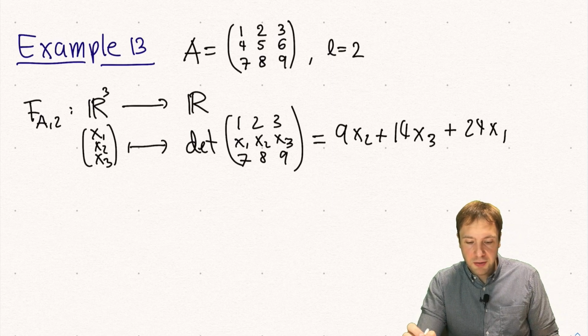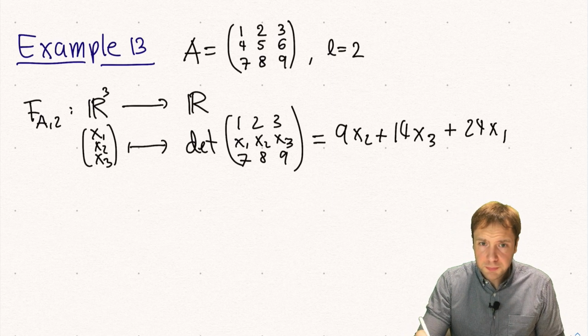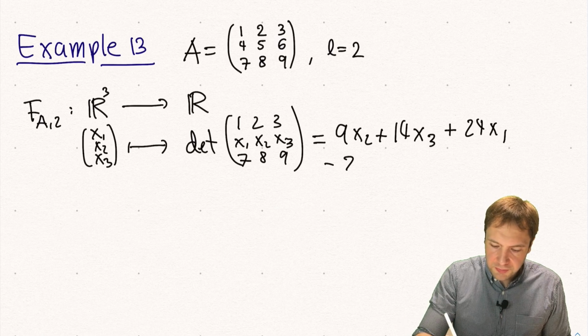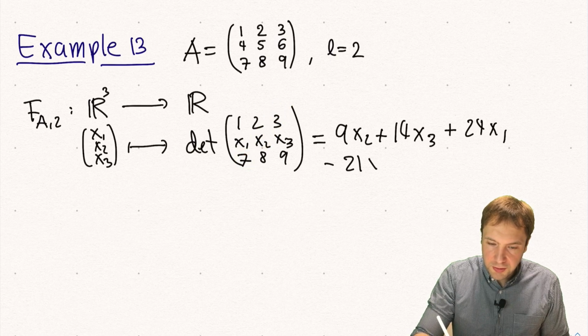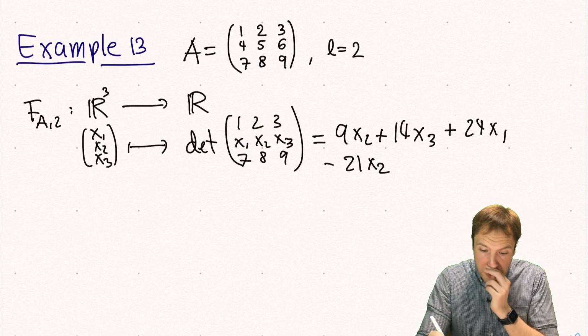These were the patterns with a positive sign, and with negative signs we had this, this, this. For example, this gives minus 21x2.